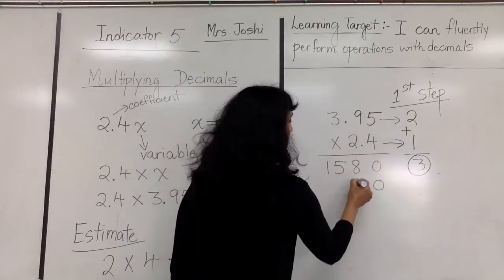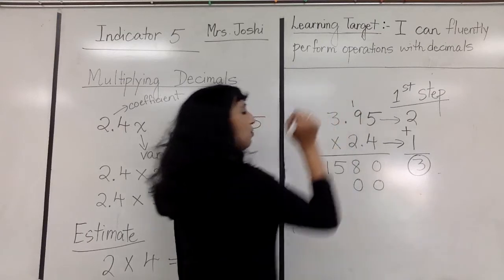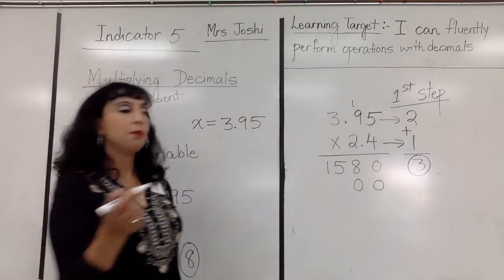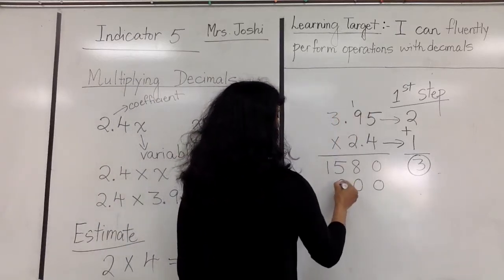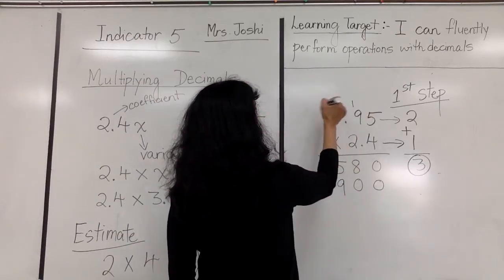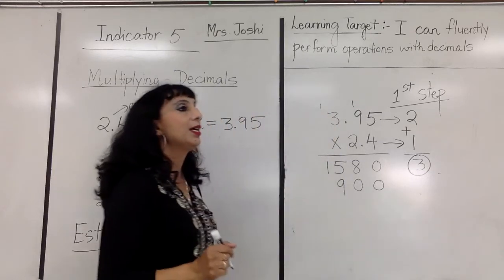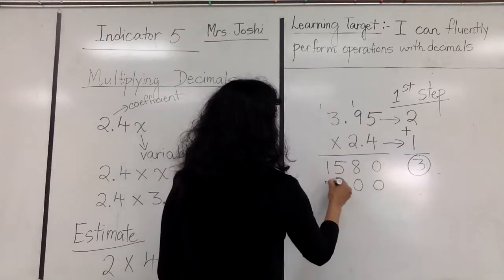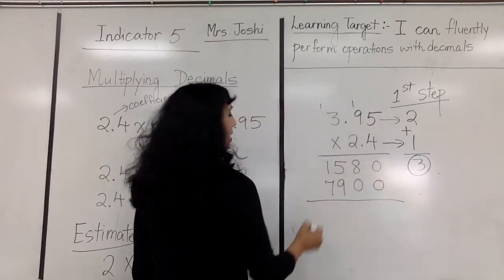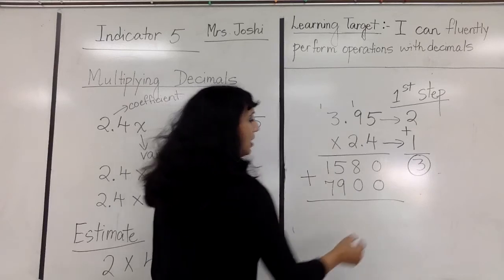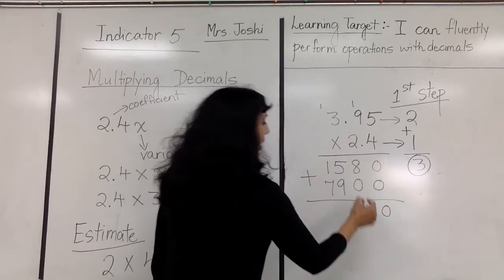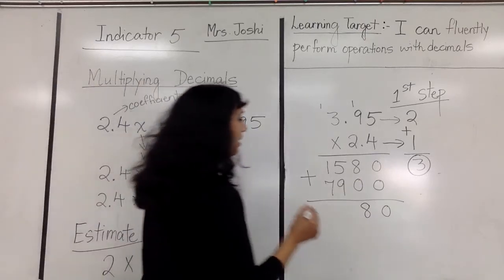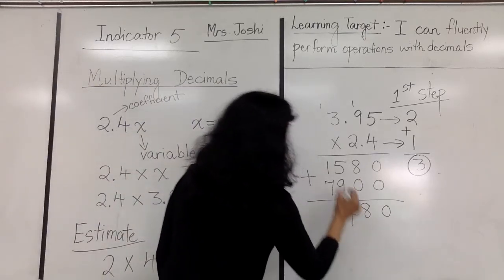Okay, and then we go here. 2 times 5 is 10, so we carry over 1. 2 times 9 is 18, plus 1, that gives me 19. Okay, and I carry over 1. 2 times 3 is 6, plus 1, and that gives me 7. Okay, now I'm just going to add. So I have 0, I have 8, 9 plus 5 gives me 14.